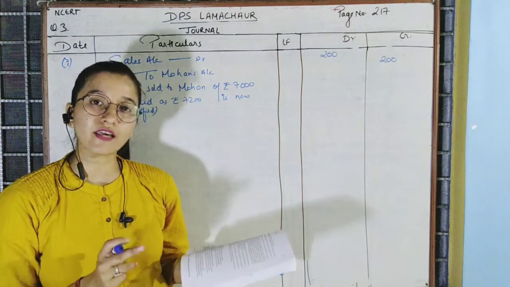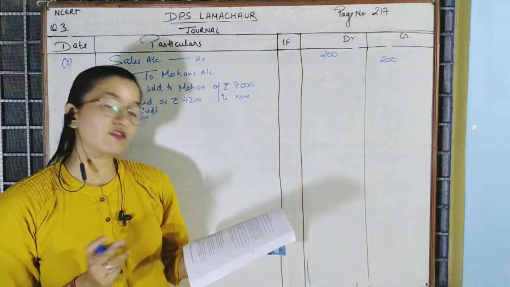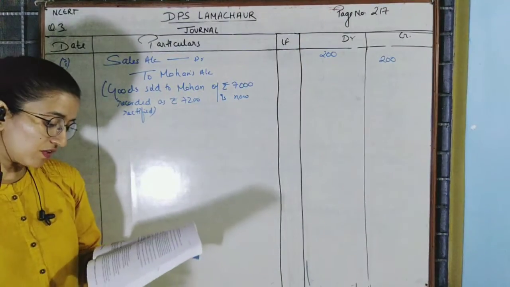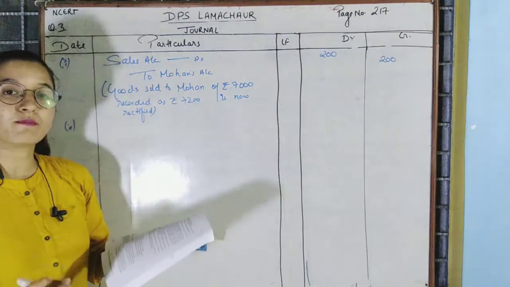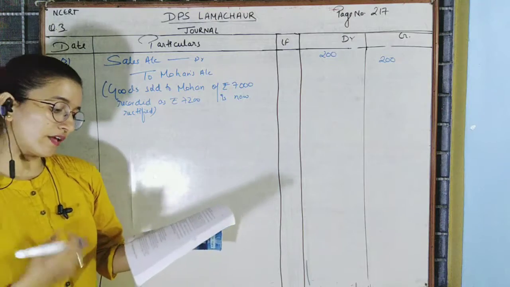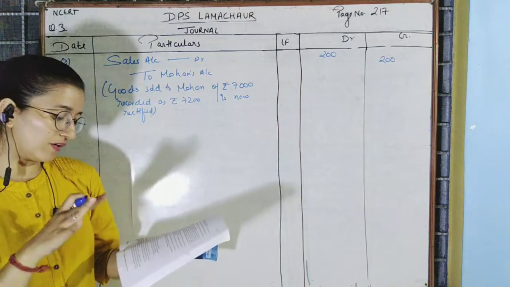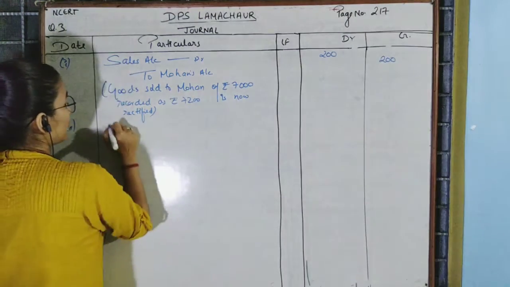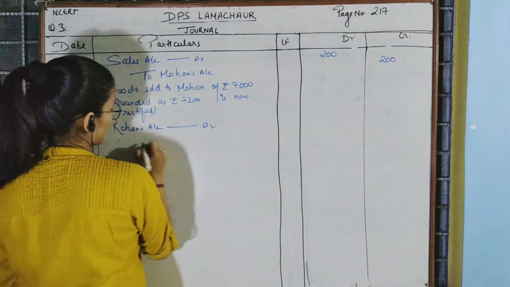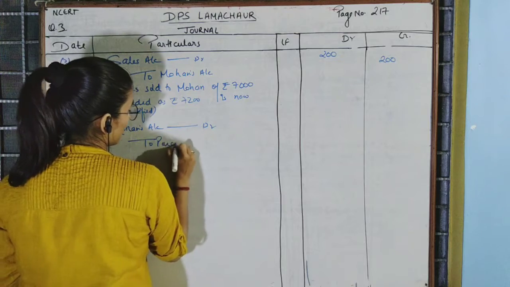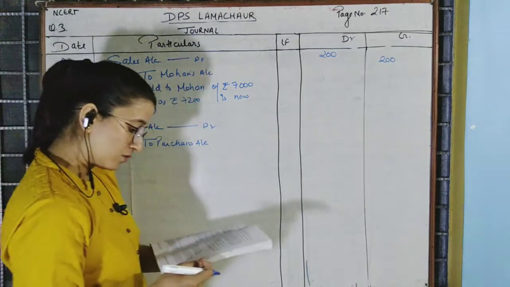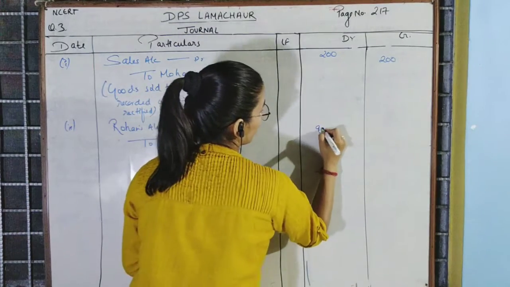So to rectify this error, we will just write this entry in the opposite direction, which means the correct entry for this transaction will be purchases account debit to Rohan account. But here Rohan's account is credited with extra amount of 900. So now we will debit Rohan's account. Rohan's account debit to purchases account, and the amount is 900.